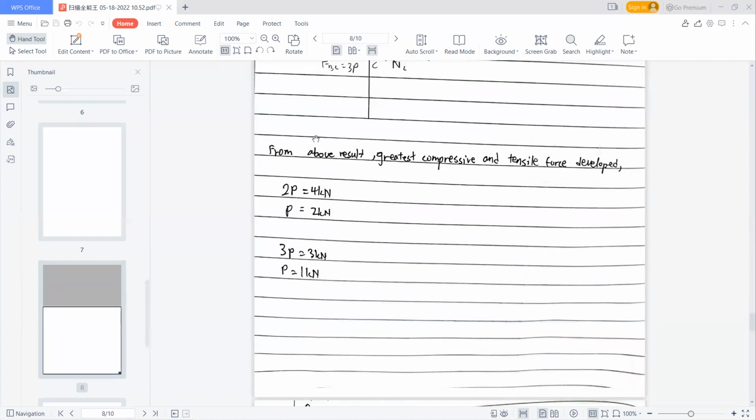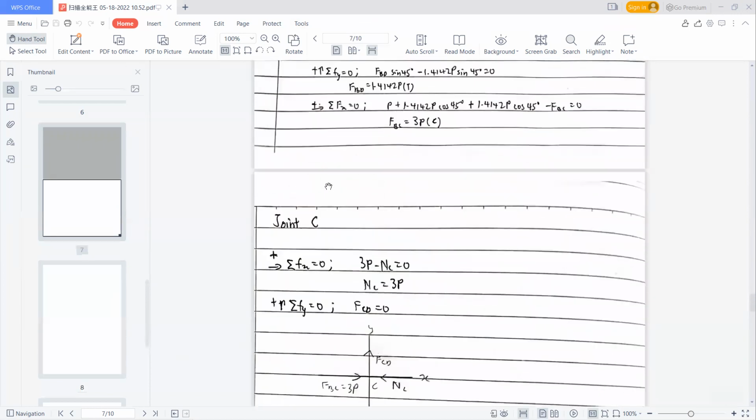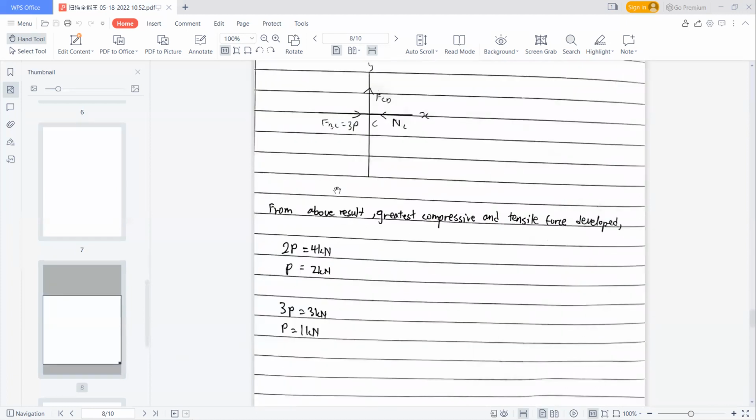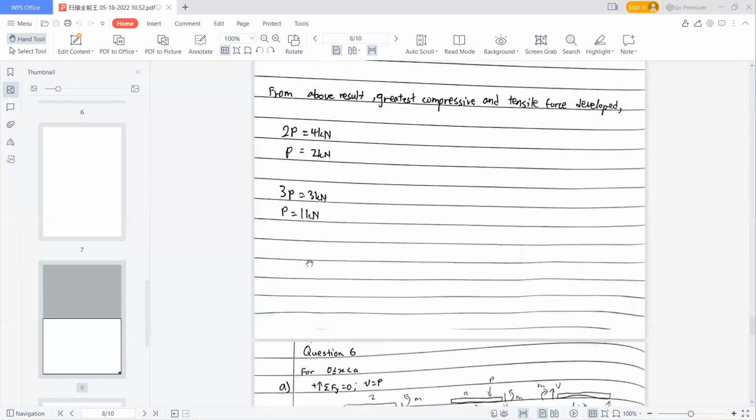From joint A to joint F to joint E to joint B and lastly to joint C, we know that the tension is 2P, equal to 4 kilonewtons. So P is equal to 2 kilonewtons. For the compression, 3P equals 3 kilonewtons, so P for the compression is 1 kilonewton.